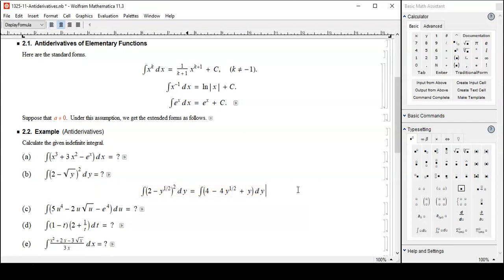Now that we got here, let's find out antiderivatives of these three separately. Antiderivative of 4 is 4y. 4 was there before, and then I have to use the power rule. Add 1 and then divide. Did I do this right? Add 1 and divide. Basically this rule.